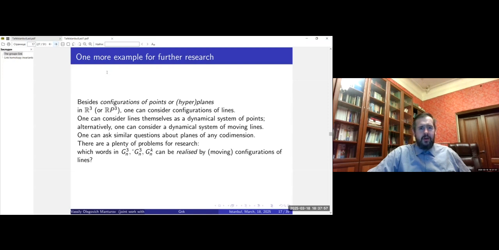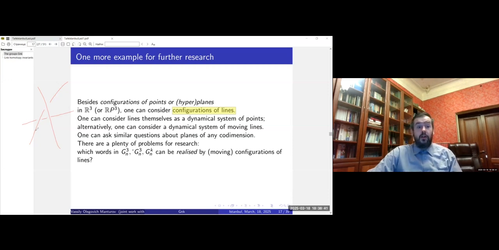And there is one more example for further research, which I just gave to my new student, Yaroslav. So instead of configurations of points in R3, which will give me GN4, I can consider configurations of points or dually hyperplanes. I can consider configurations of lines. So assume I have R3 and I have a configuration of lines. I can look at this configuration of lines from 2 points of view. First of all, I can try to classify this configuration of lines.